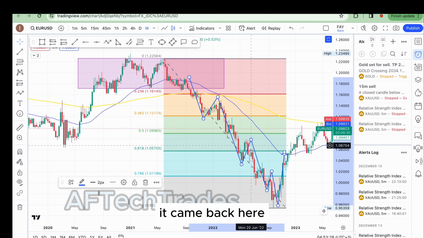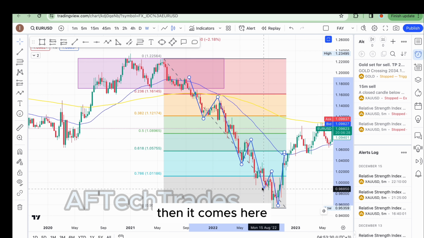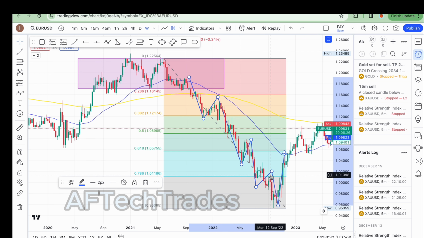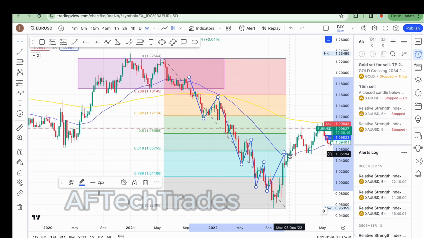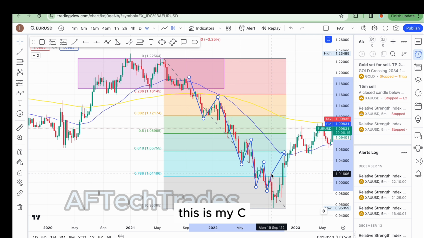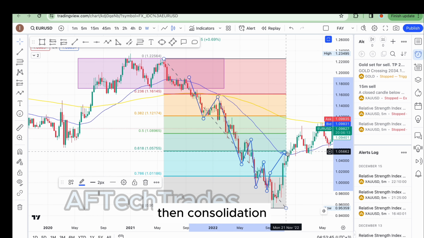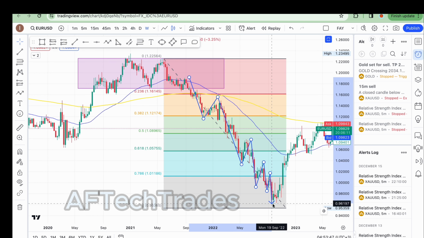It came back here, then it comes here to complete the 5, then A, this is my B, this is my C, then consolidation.